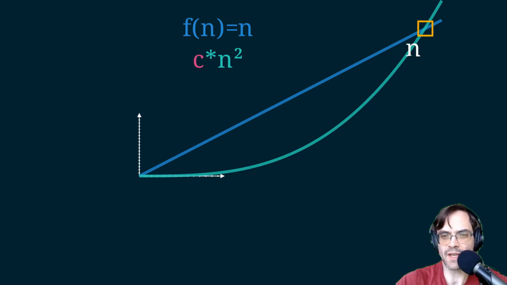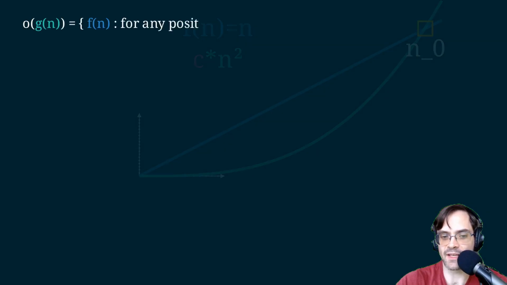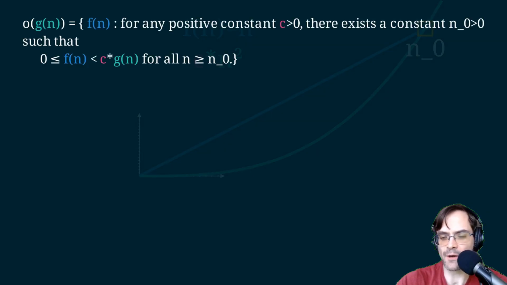So if we use n naught to mean the point at which the upper bound overtakes f of n, we get this definition. Now this appears similar to the big O definition, but there's a few small changes here that actually make a huge difference. Notice for c it now says for any, not there exists. What this means is that we don't get to choose c in the way we were doing earlier. Here c is kind of what we were doing on the graph.